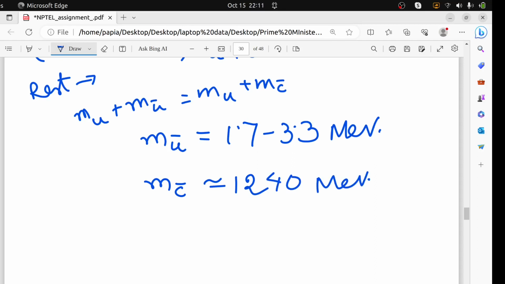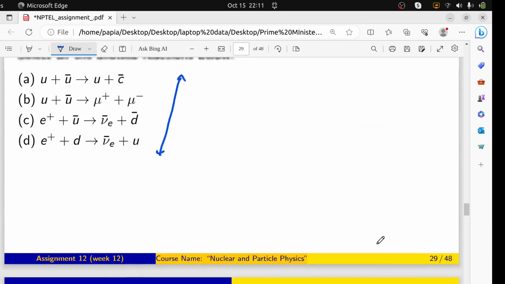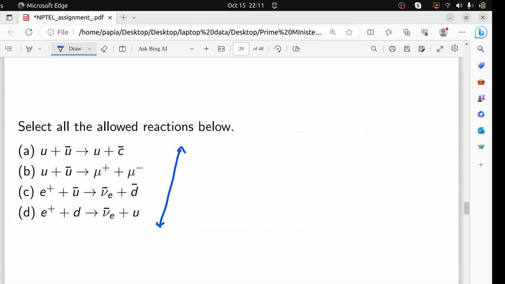Now, how can we say that M of U plus M of U bar equals M of U plus M of C bar? It will not be correct because energy is not conserved here. So if energy is not conserved, that means this reaction is not allowed. Right? So the first option is crossed.